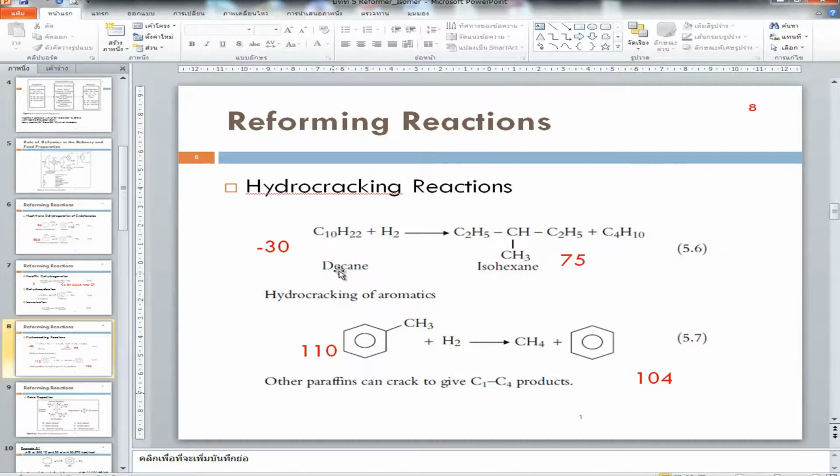The example here is decane, which has a quite low octane number, in negative value, but after the cracking process, what we get is light hydrocarbon together with some smaller molecules compared to the feed. The octane number increased to 75.